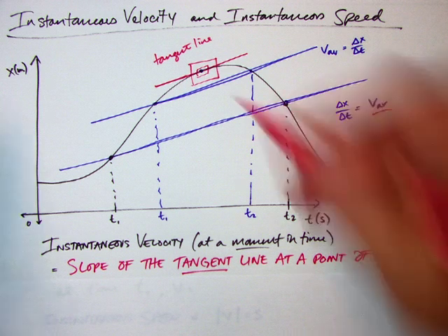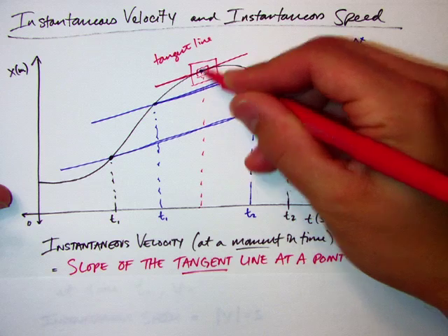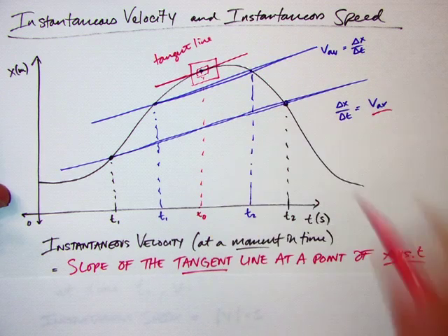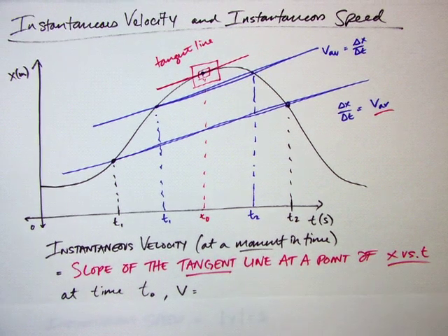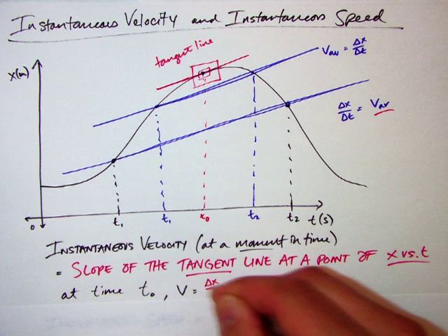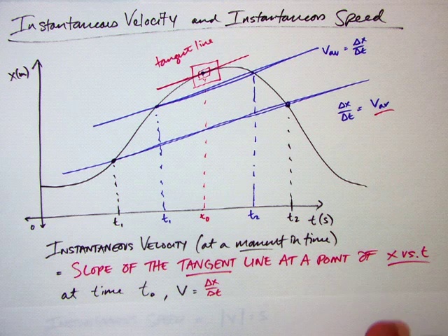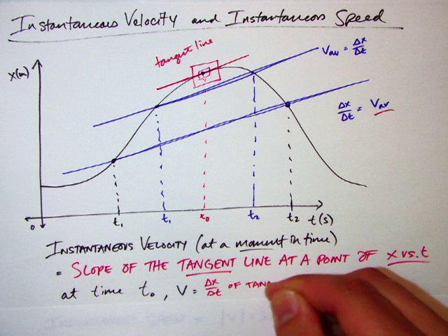Now, at time t0, the velocity is just dx/dt, or delta x over delta t of the tangent.